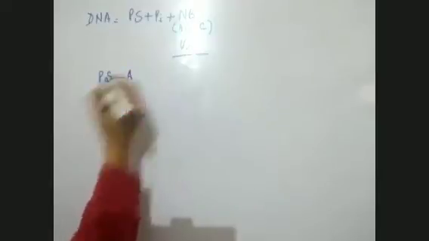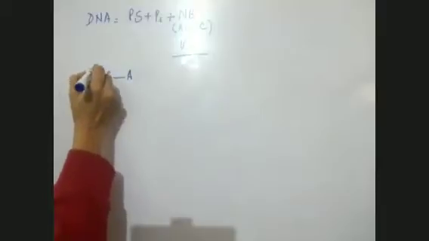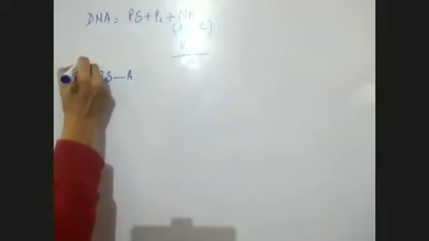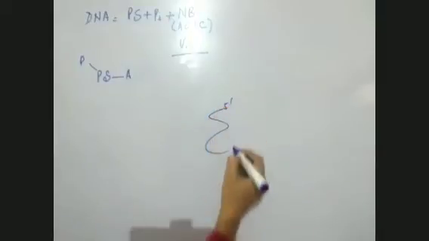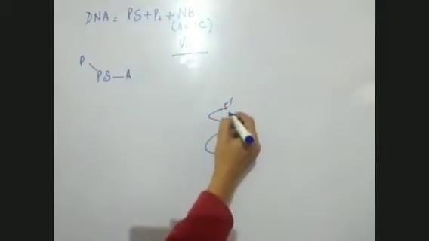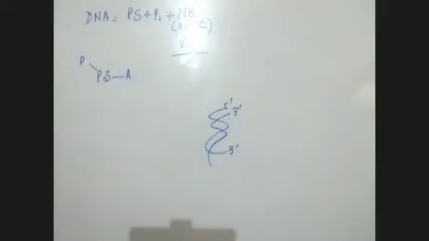So suppose here the nitrogenous base is A. Now this pentose sugar is connected to P. I told you yesterday that in the double helical structure, if the first strand starts with 5 prime, the other strand will start with 3 prime. This is what I told you yesterday.